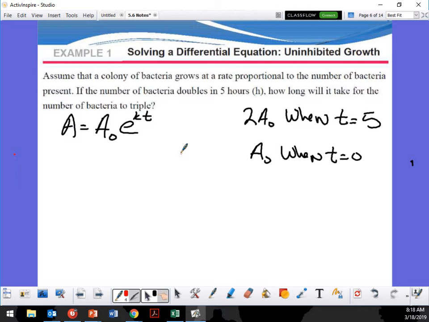So right here, when I plug this in, that's going to go in there, and k times 0. What is 0 times k? 0. And e to the 0, anything to the 0 is 1, right?